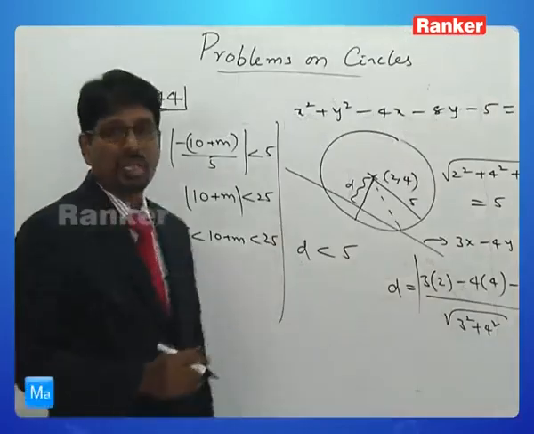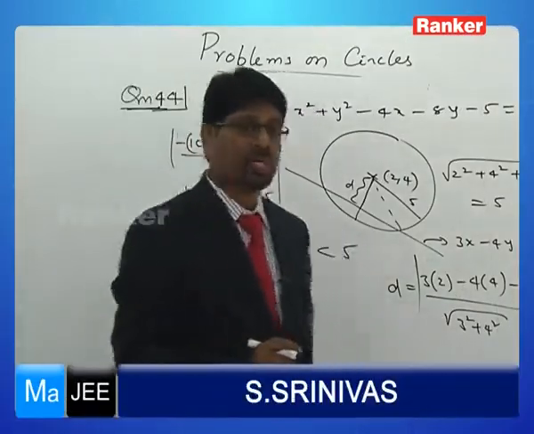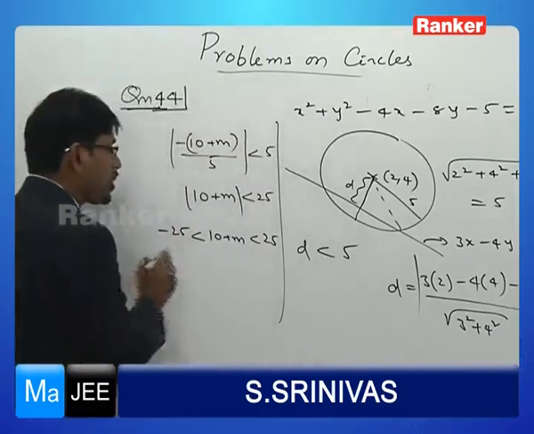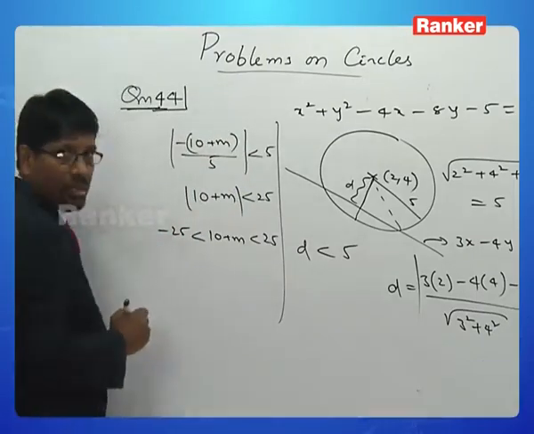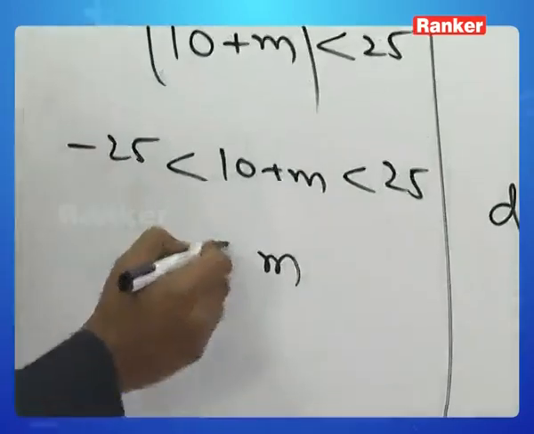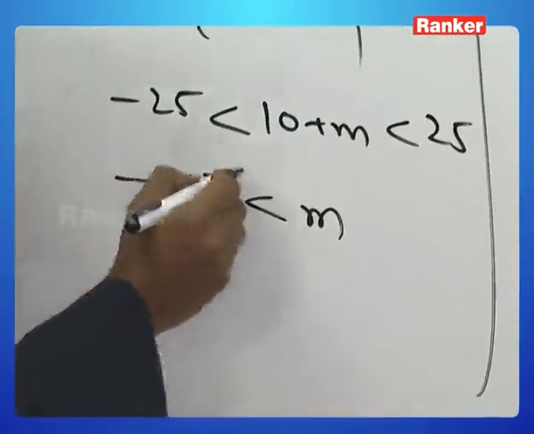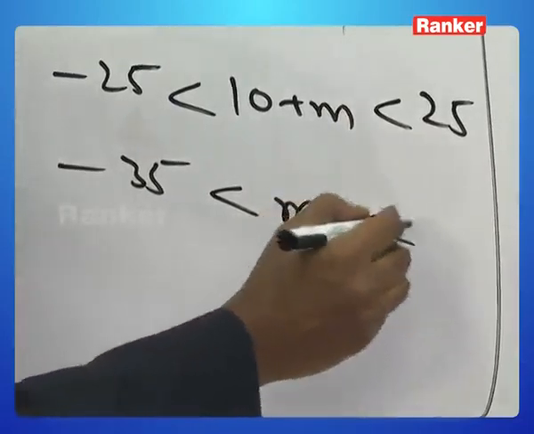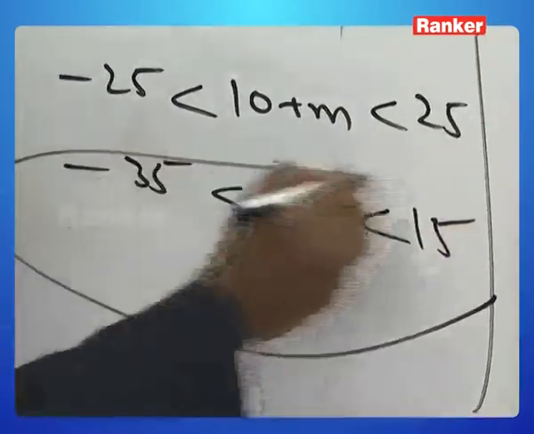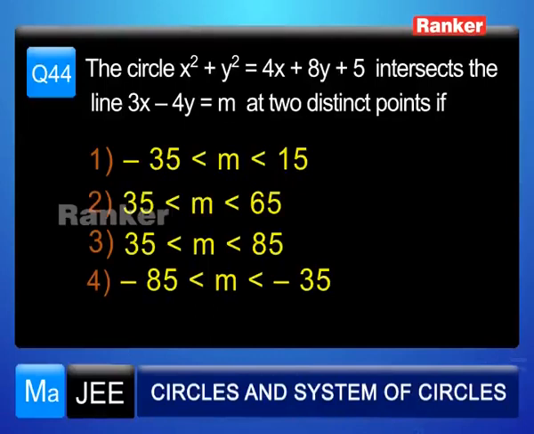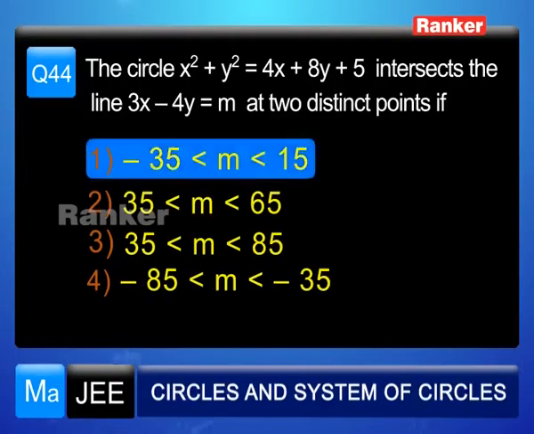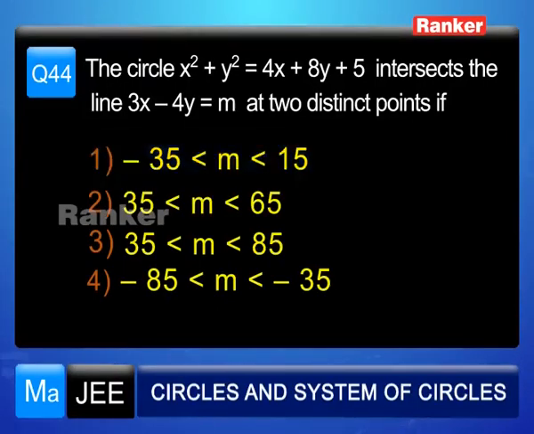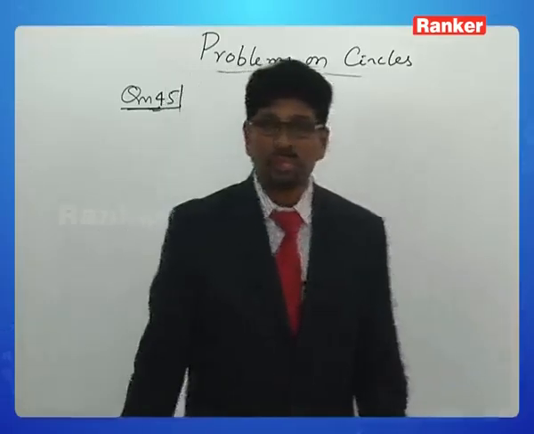When is mod x less than a? x should lie between minus a and a. So 10 plus m should lie between minus 25 and 25. Therefore, m should lie between minus 35 and 15. Therefore, option 1 is right. Next, move to the next question.